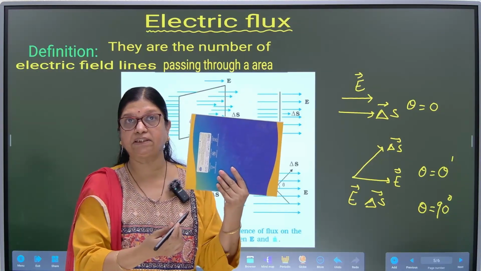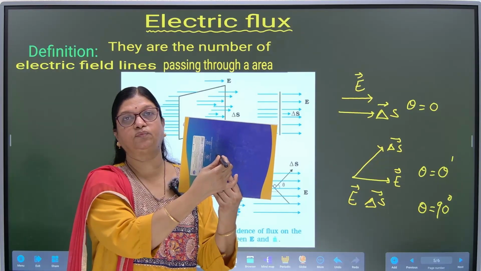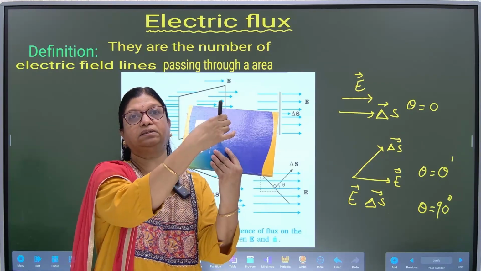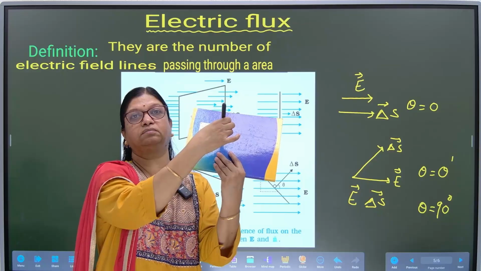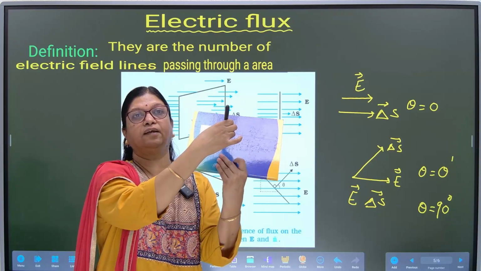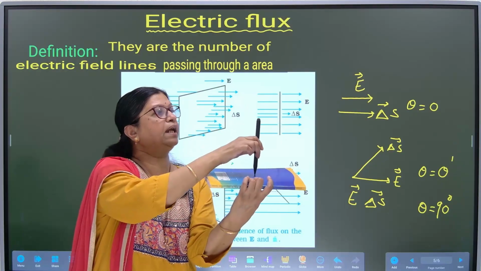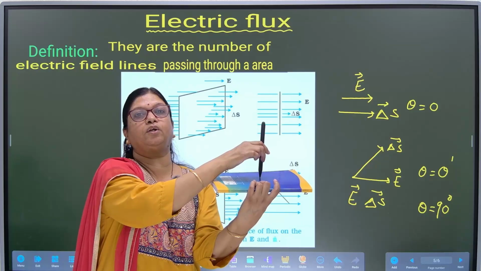So if this is the surface, then this is the direction of the area element. If I keep it like this, the area element goes in this direction. If I keep it like this, then the area element goes perpendicular to it.